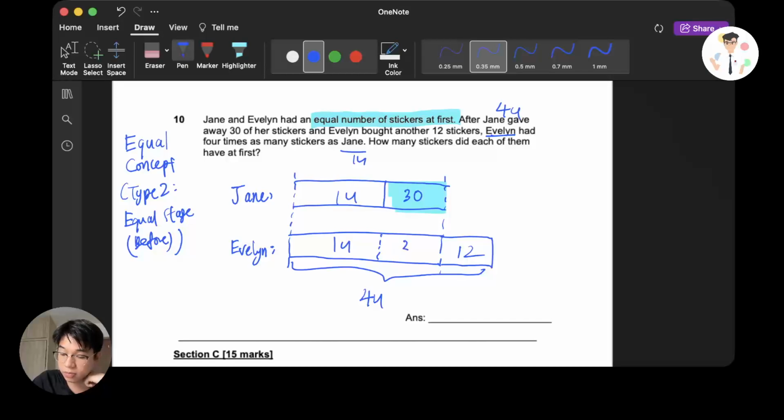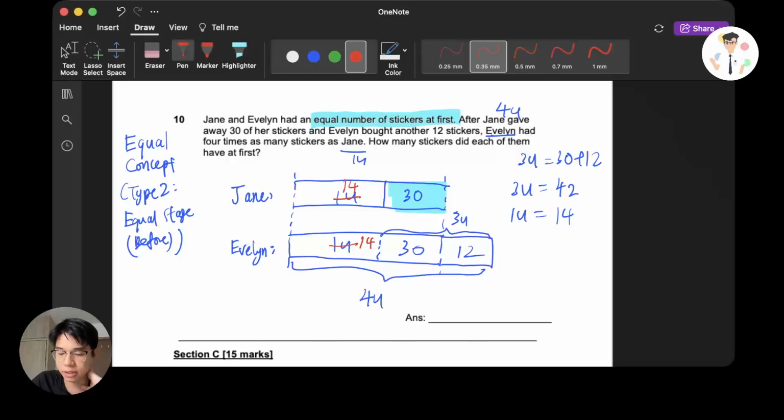If here is 30, here will be 30. If the whole thing is 4 units, here is 1 unit, then here will be 3 units. So 3 units is 30 plus 12, and 3 units is 42. If 3 units is 42, 1 unit is 14. That tells you this is actually 14, this is actually 14.